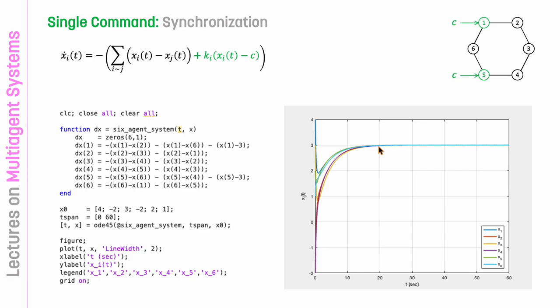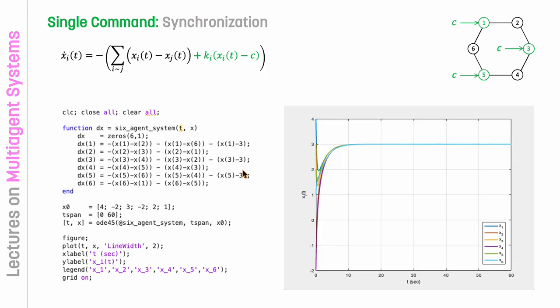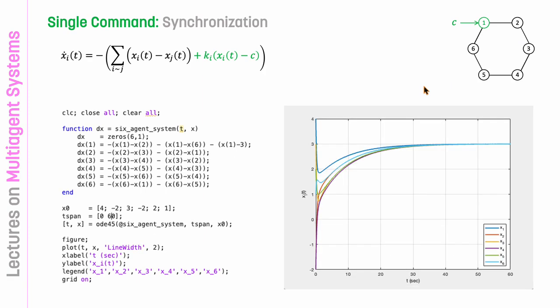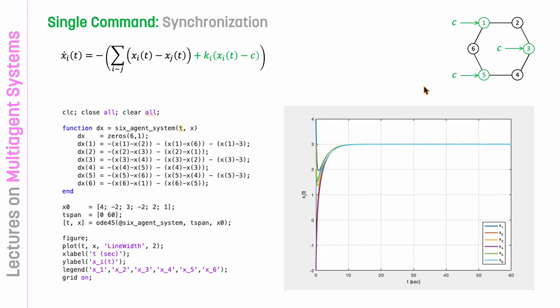And practically, you can generalize this. Now, in this case, 3 agents know the external command such that they converge faster because simply more agents in the network are acting like leaders. If there are more and more leaders in the network, then the convergence becomes faster and faster.